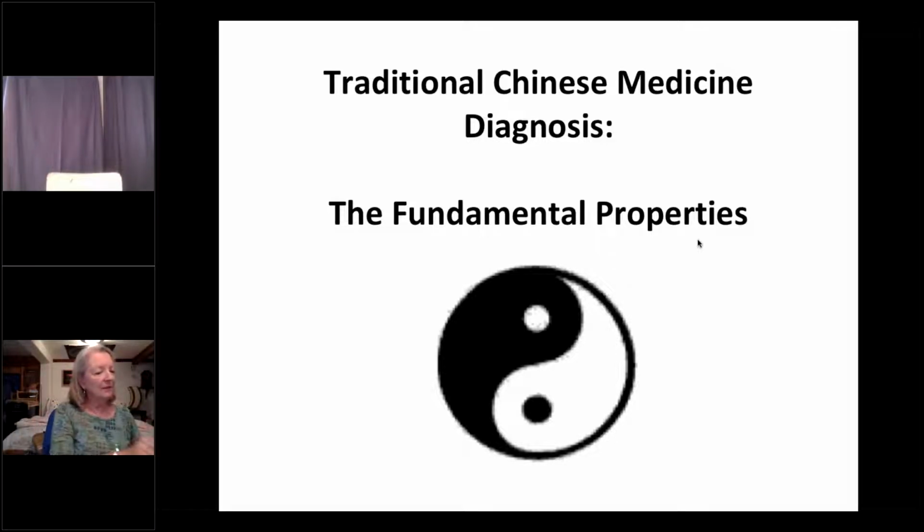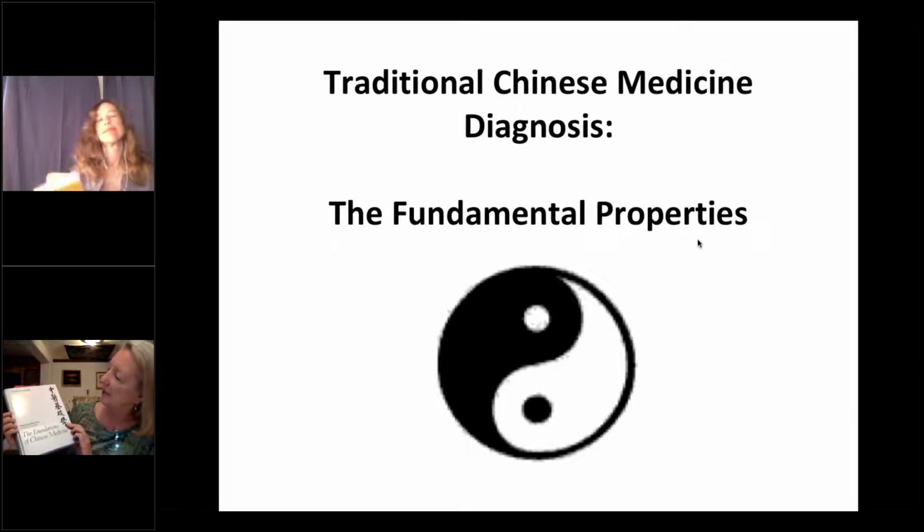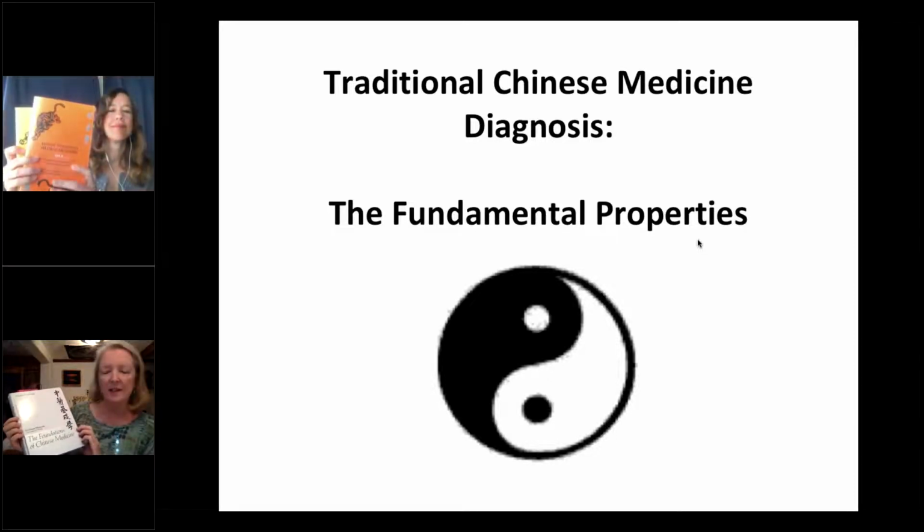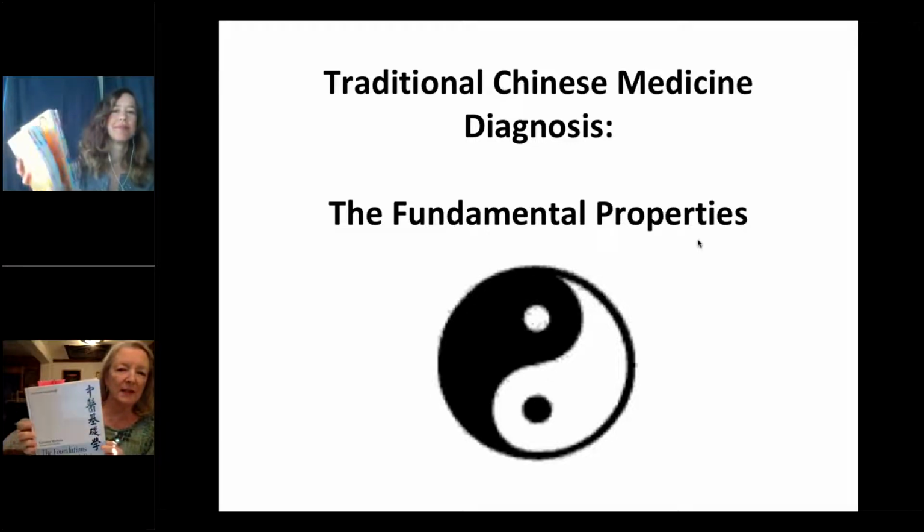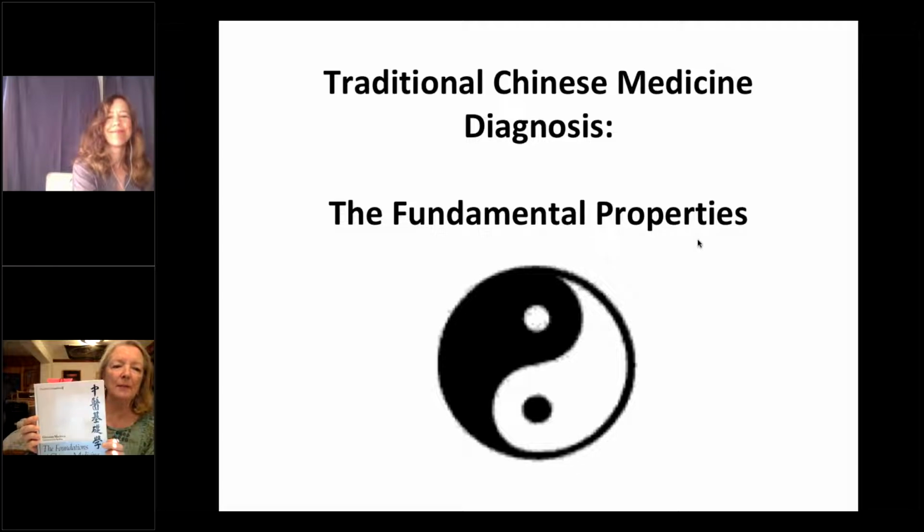And then one of my very favorites, and is used a lot in acupuncture school, are the books by Giovanni Maciocia. So this one is the Fundamentals of Chinese Medicine. And I highly recommend this if you really want to dig in more deeply. He has all kinds of books.